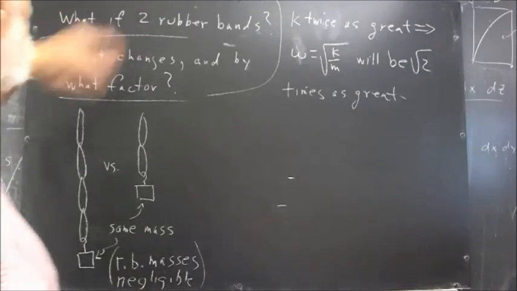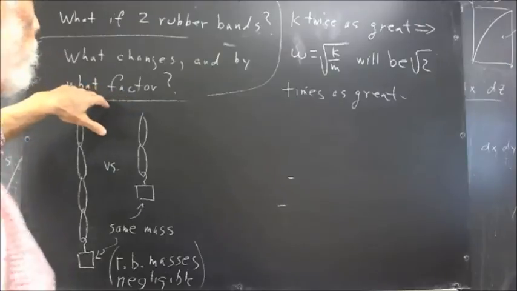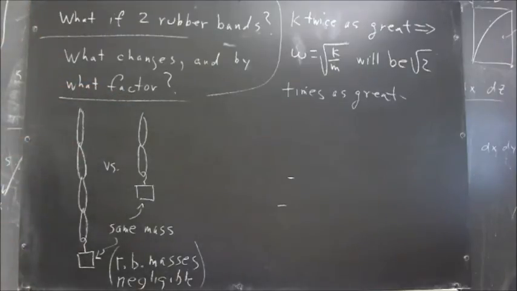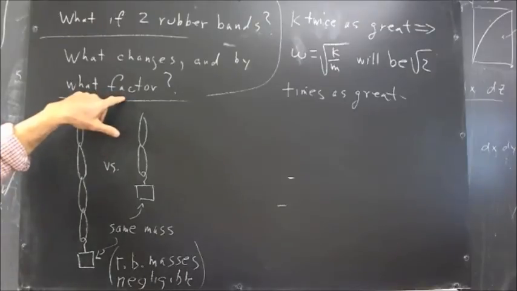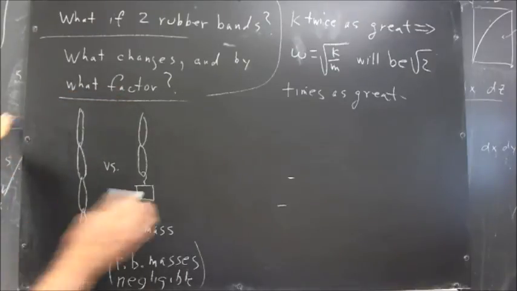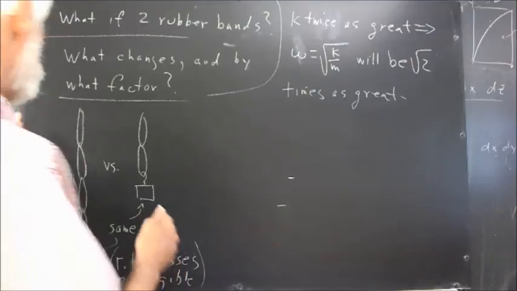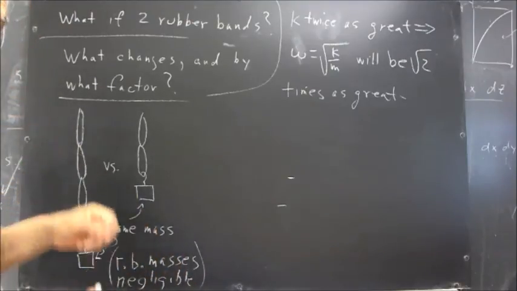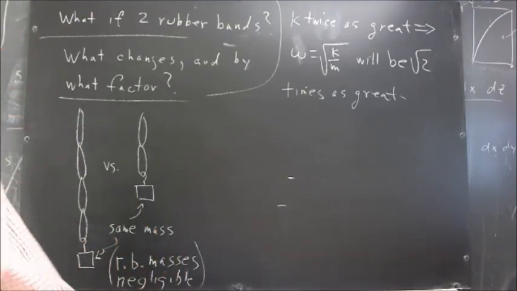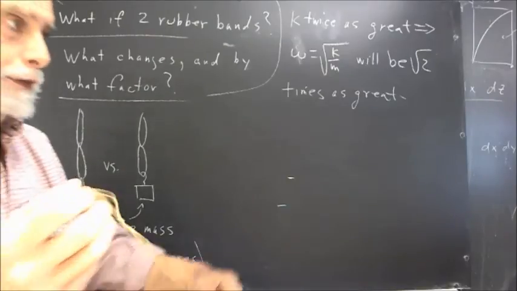Okay, so if we've got 2 rubber bands, what changes and by what factor in our analysis? Well, what changes, and you should think this through, make sure you understand, but the thing that most directly changes is the value of K. And you can experience this if you take a bungee cord or any kind of a chain.